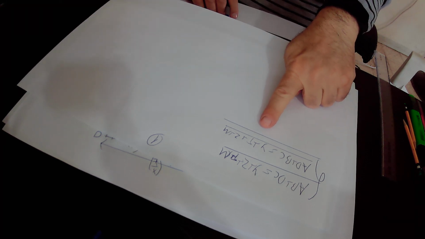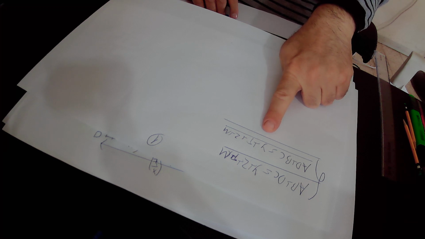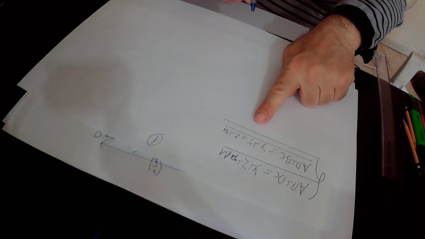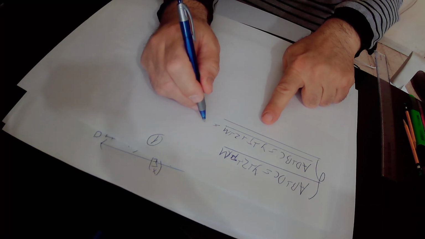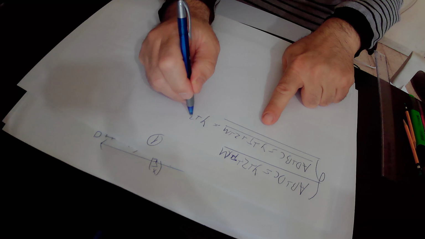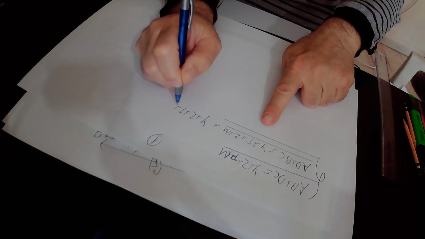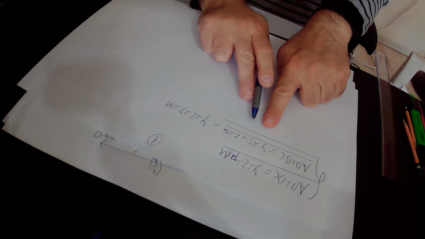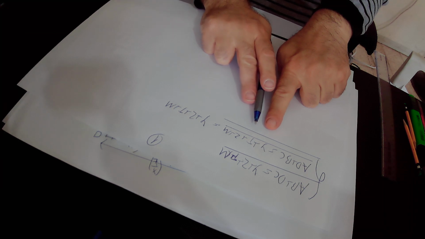Here we can change the order of the letters according to the algebraic identity that a plus b equals b plus a. So Y plus T plus Z plus M equals Y plus Z plus T plus M. Just change the order of the letters of this expression.